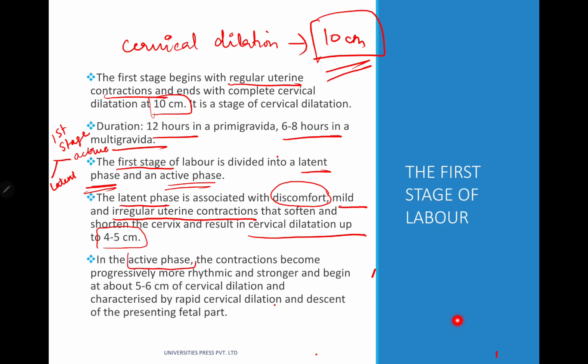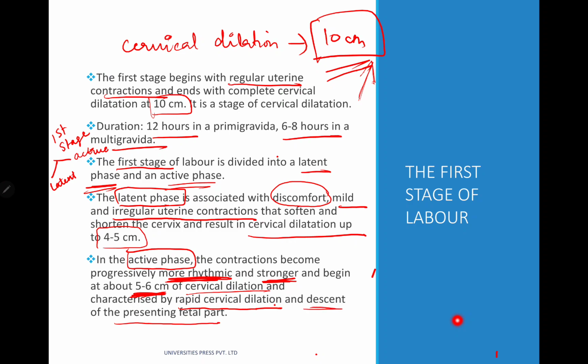Whereas in an active phase, the contractions become very rhythmic and stronger and begin at about 5 to 6 centimeters of cervical dilatation, characterized by rapid cervical dilatation which is going to be complete at 10 centimeters, and descent of the presenting fetal part.